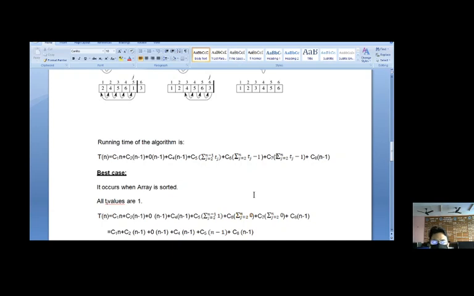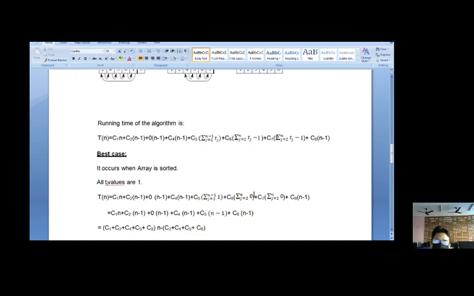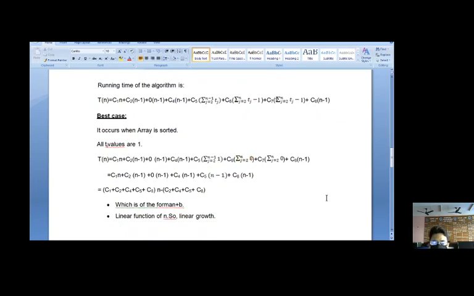In this way, for the best case, we know that insertion sort gives us the best result when the array is already sorted. In these situations, the first four terms do not depend on the particular element, so they will remain as they are, but the terms C5, C6, C7 are particular element dependent.